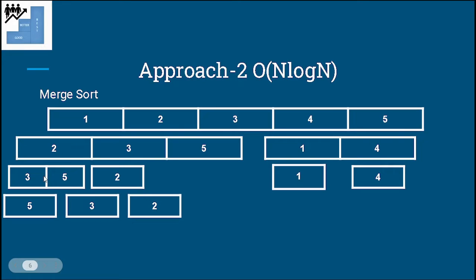Then this particular array 3 comma 5 and this array 2 are merged, and we get 2 3 5. And similarly over here it is 1 4, and then this array and this array are merged, so we get 1 2 3 4 5. This is merge sort.